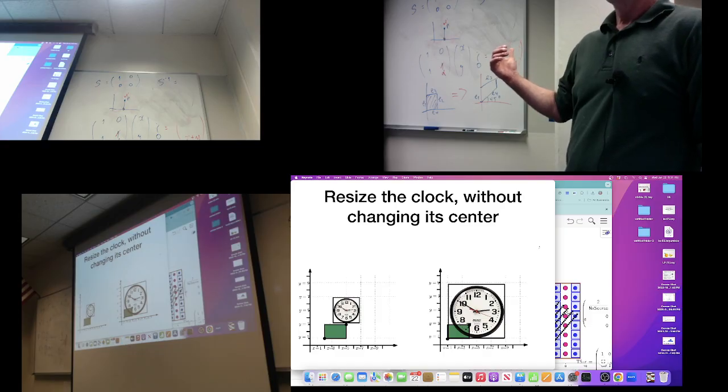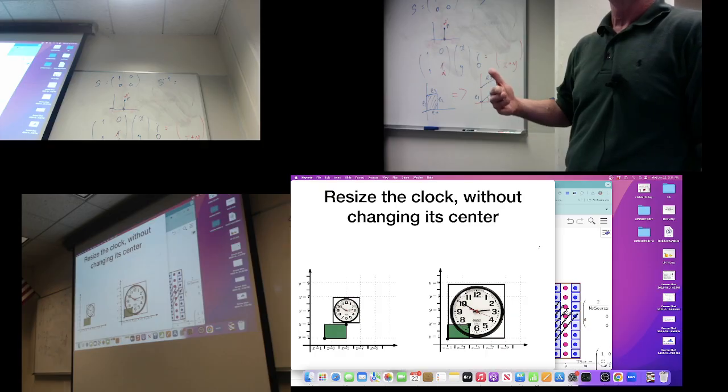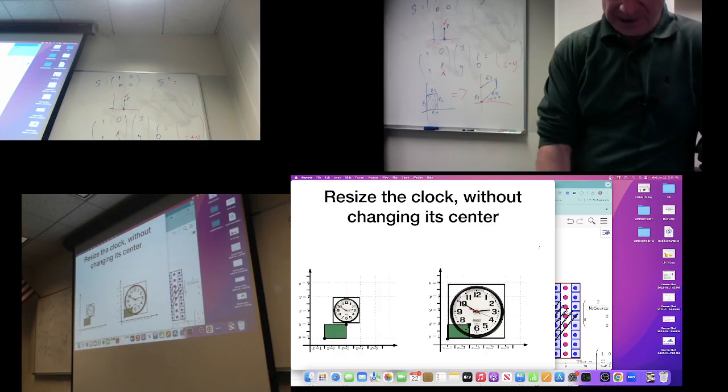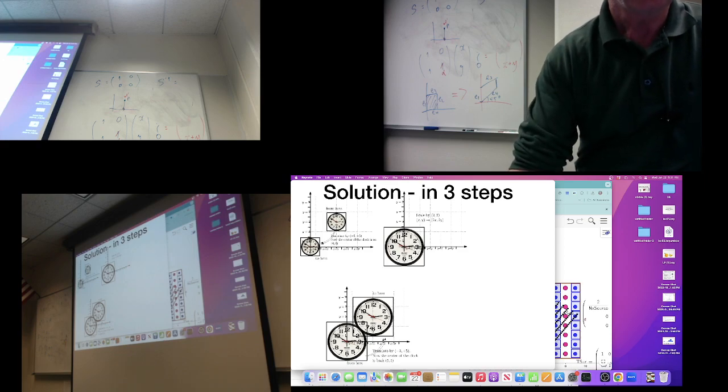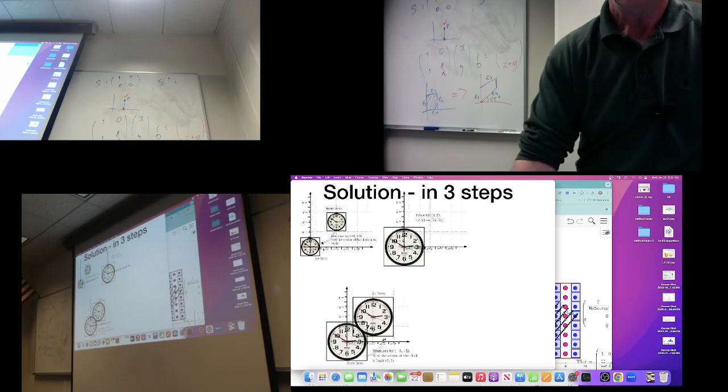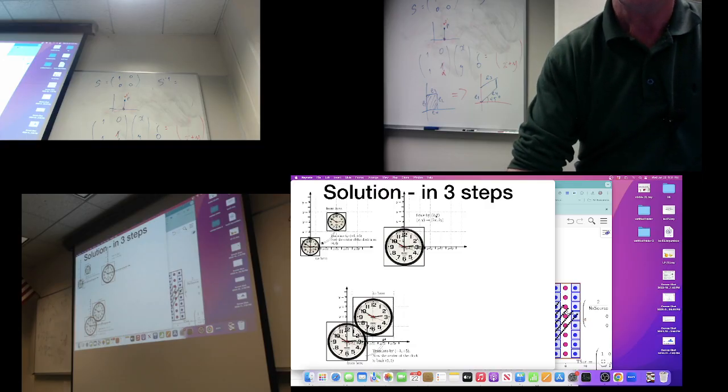I will bring it to a problem that I know how to solve. Let's shift the clock so now its center is at 0, 0. At this point, I'll scale by 2, making it twice as large.